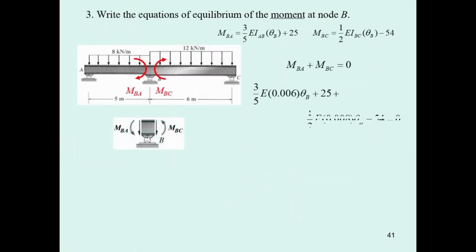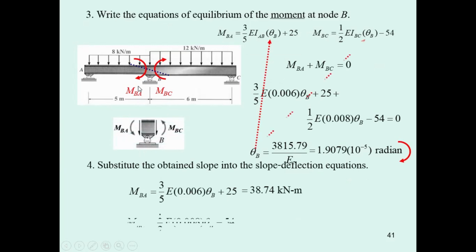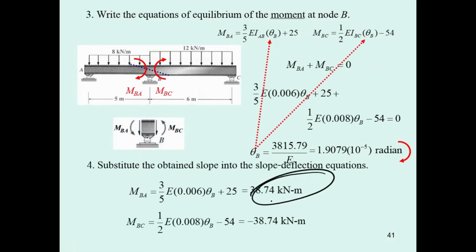And you may solve it only for theta sub b. We will get the same theta sub b by solving this problem later. Okay, just take a note on this one and then put it back. You will get m sub BA and m sub BC, and the sum of them must be 0.